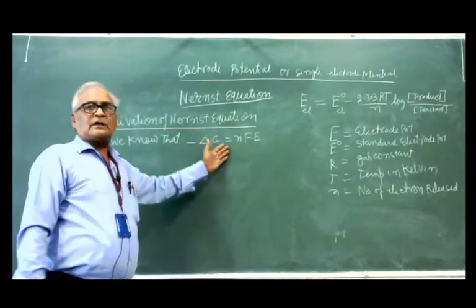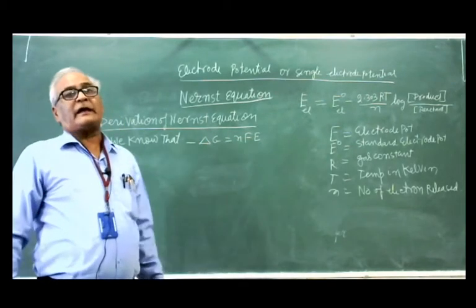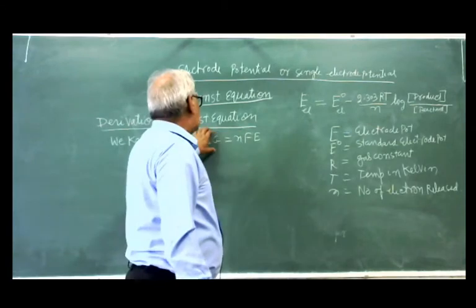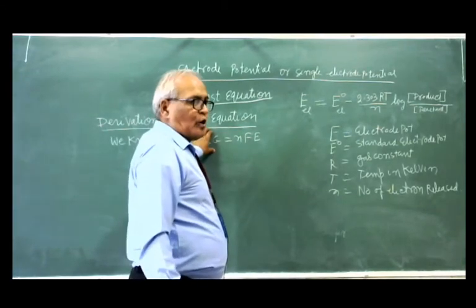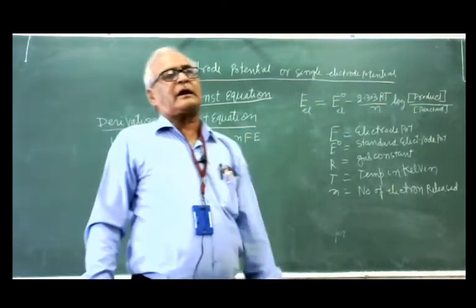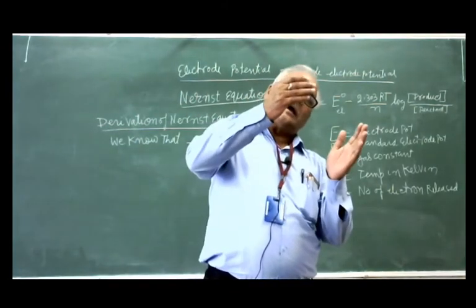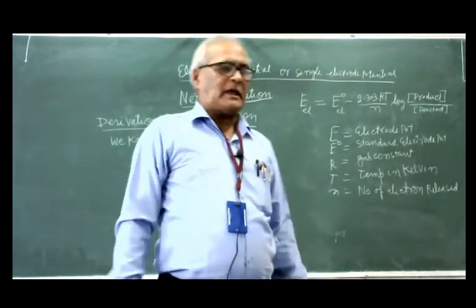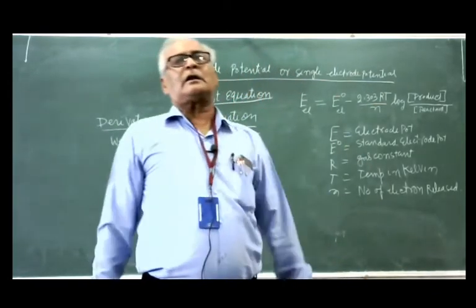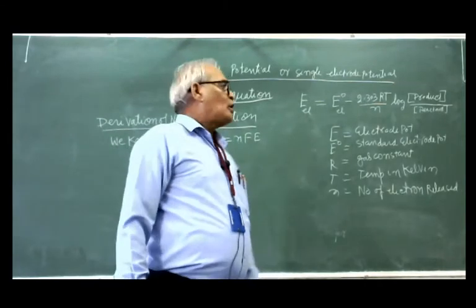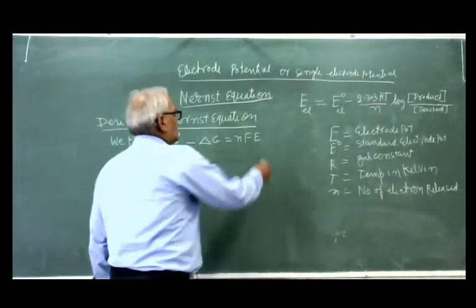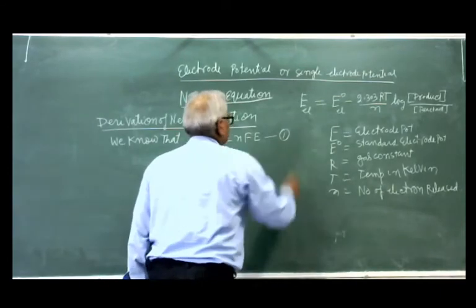This is the relation between chemical energy and electrical energy. This is the electrical energy, this is the chemical energy. So minus indicates the decrease in chemical energy. It means when a chemical reaction takes place, there is a decrease in chemical energy and electrical energy will be produced.